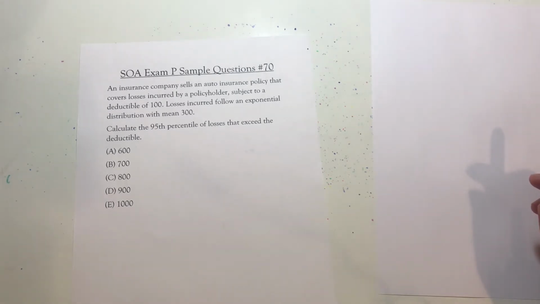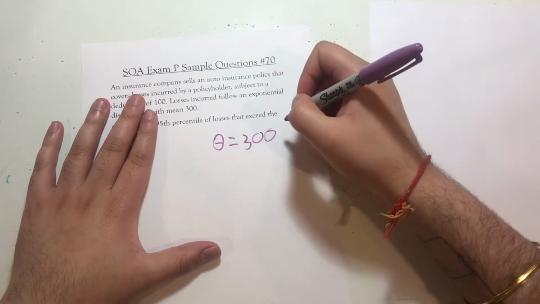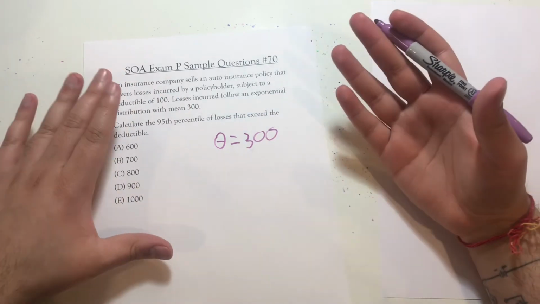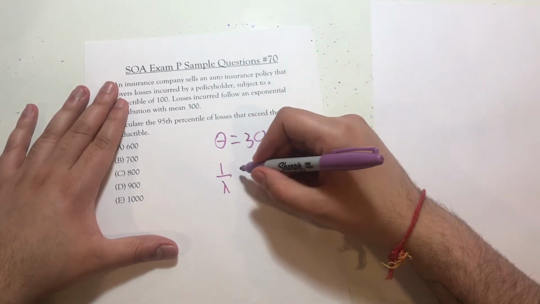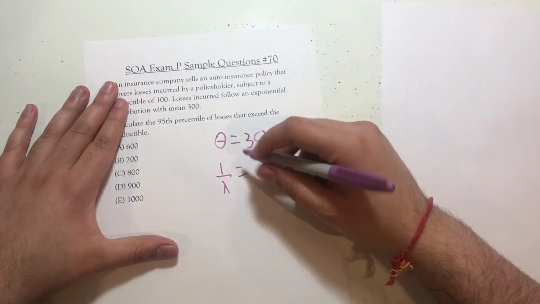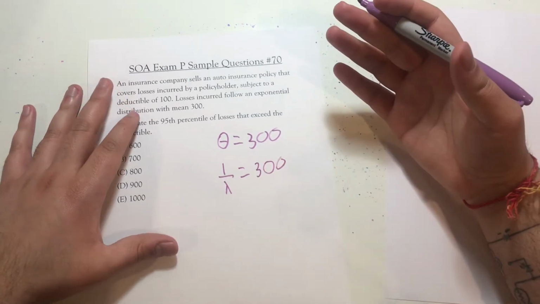Okay, so first off, it tells us losses follow an exponential distribution with a mean of 300. So I'm going to denote theta equal to 300. Now, depending on where you might be learning from, some, rather than using theta, will use 1 over lambda to be your expected value. And that's perfectly fine. I just prefer using theta. This just changes the way you write your equation, right?